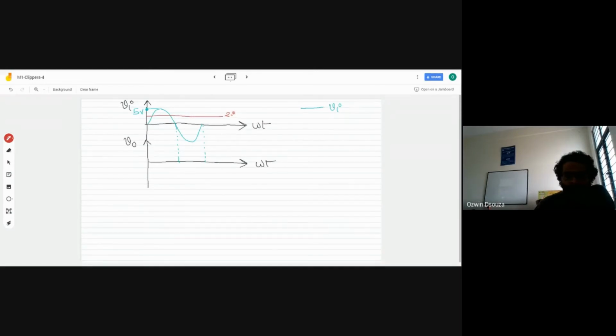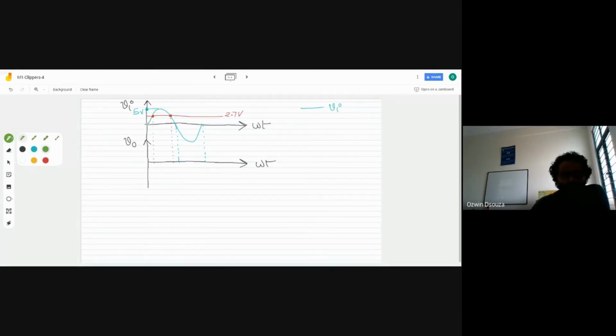Here, let me write 2.7 volt. Okay. So this DC is going to cut your AC at some distinct points. So from those points, you draw the transition points onto the output waveform. All right. Now let's sketch the output.